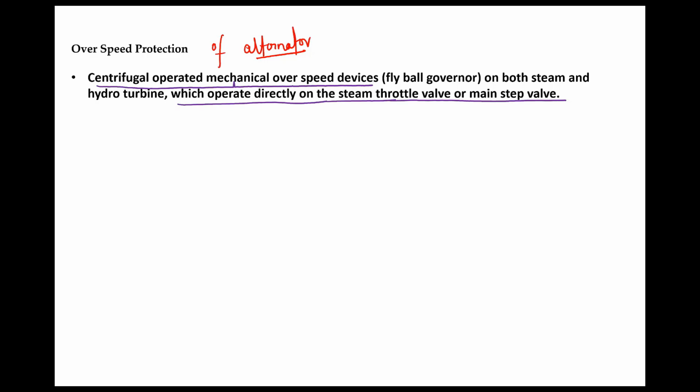Okay. So when can overspeed occur? When the rotor accelerates. The rotor is directly coupled with the shaft of the turbine. Turbine shaft and rotor both are coupled.